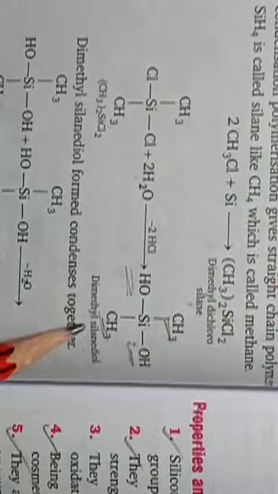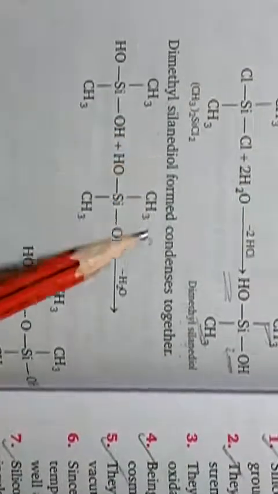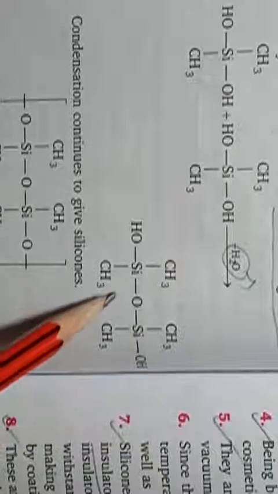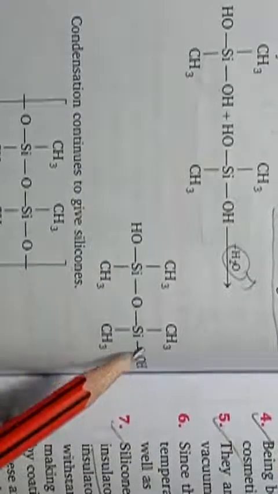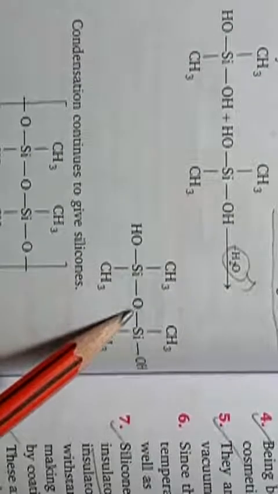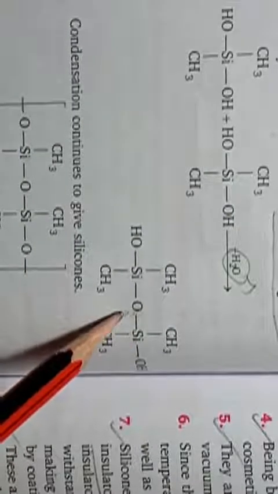So dimethyl silane diol. Now this dimethyl silane diol condenses together. A number of units of dimethyl silane diol condense together by the removal of a molecule of water. So we get a chain of repeated units, and this repeated chain of units is a polymer which is known as silicones. In this way silicones are formed.